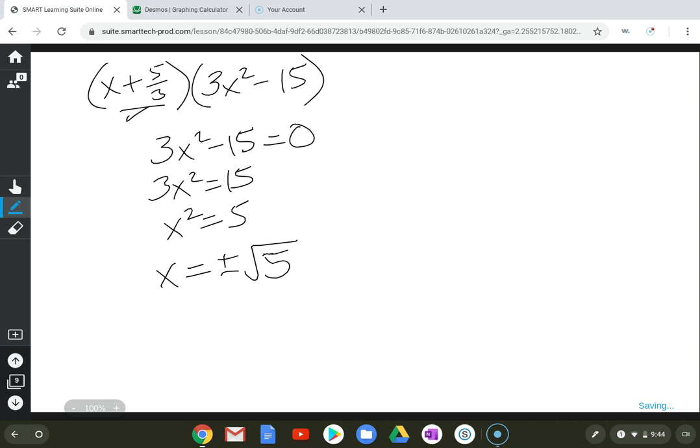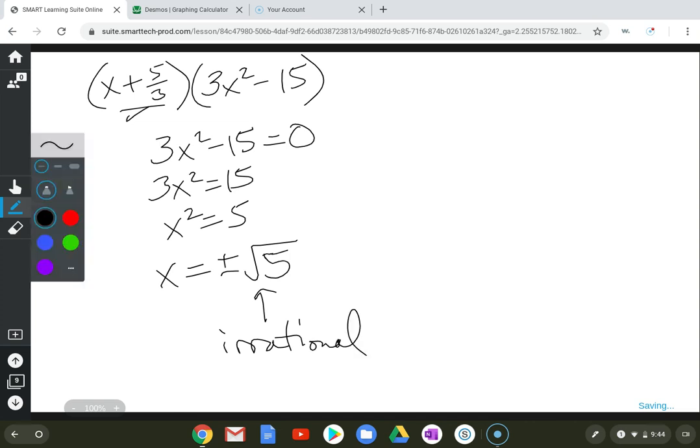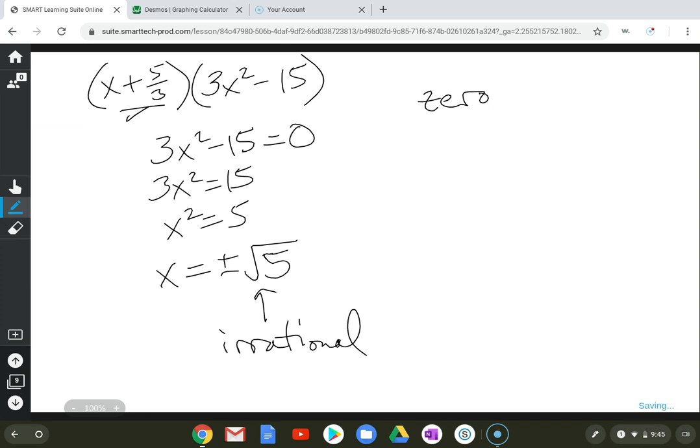So it wasn't imaginary, but this is irrational, which is why it did not show up with our possible rational roots. But it's still a 0. So our zeros for this polynomial are x equals -5/3, negative square root of 5, and positive square root of 5.